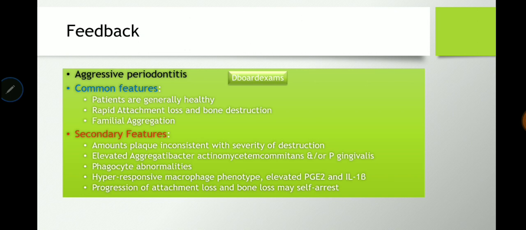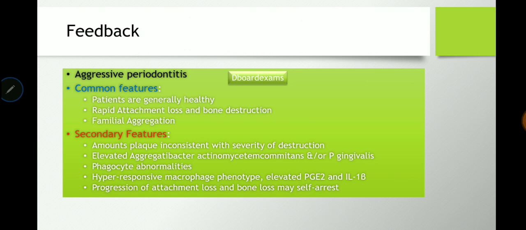You have phagocytic abnormalities, so more of the macrophages. Therefore the inflammation levels are increased, causing destruction of the bone.